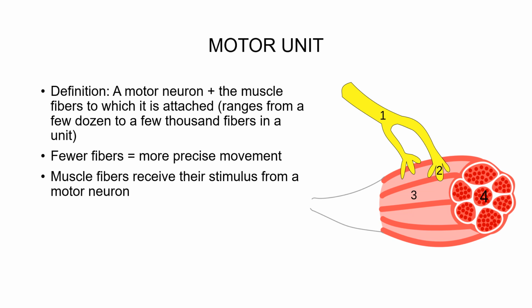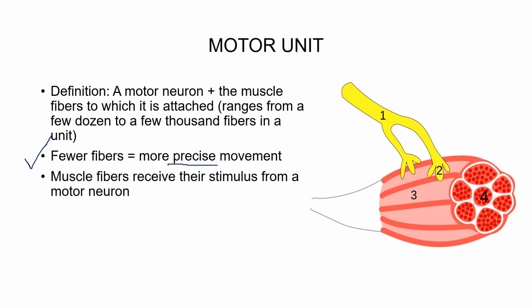And as you can see in the parentheses, it ranges from a few dozen to several thousand in the body, depending on the size of the muscle and the motor unit itself. So if we're talking about really, really small muscles, we're going to have few fibers, and we call that a small motor unit. And the smaller the motor unit, the more precise, the more accurate the movement's going to be.